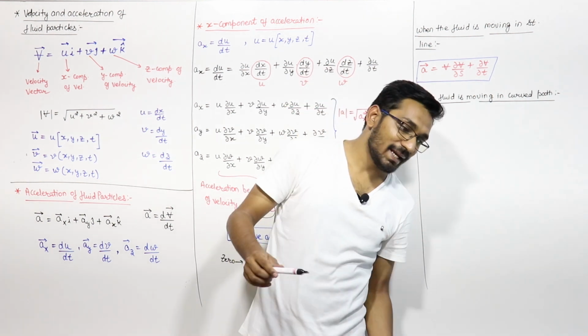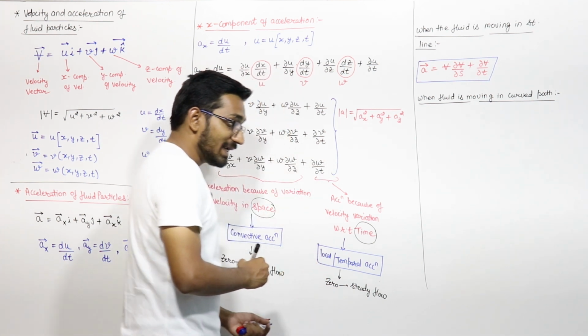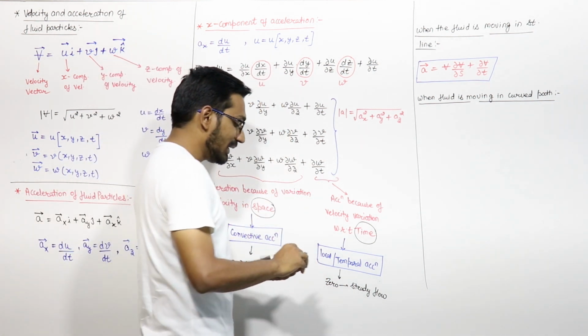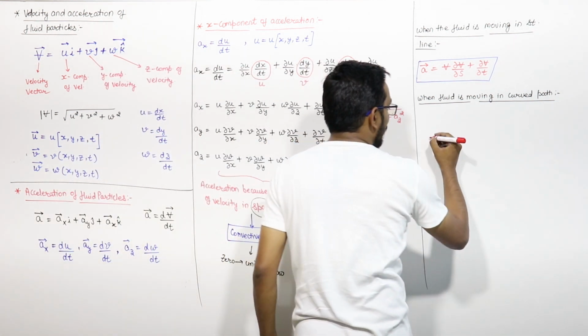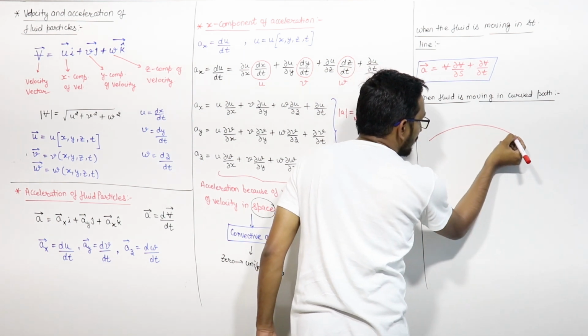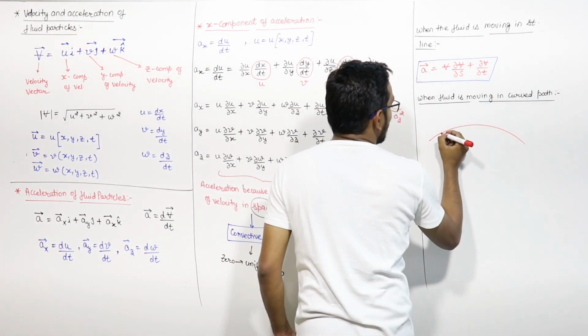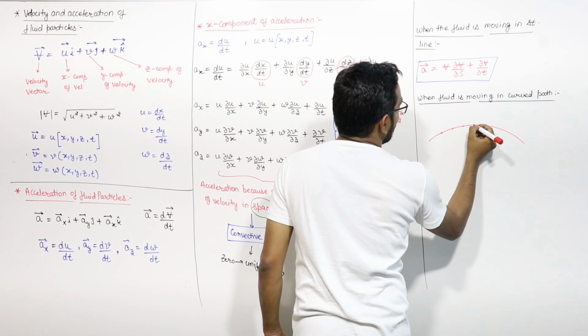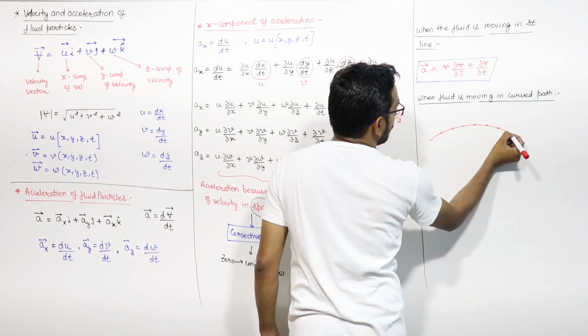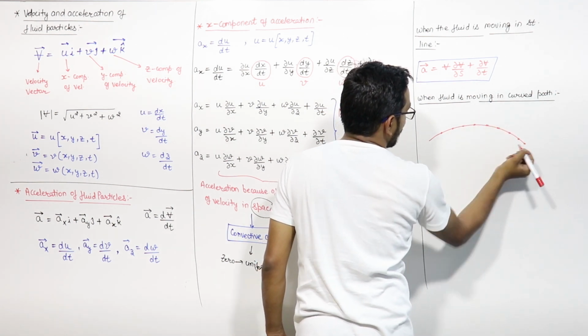But when the fluid is flowing in a curved path, let us suppose the fluid is flowing in this path, then at each and every point the fluid velocity direction is changing.